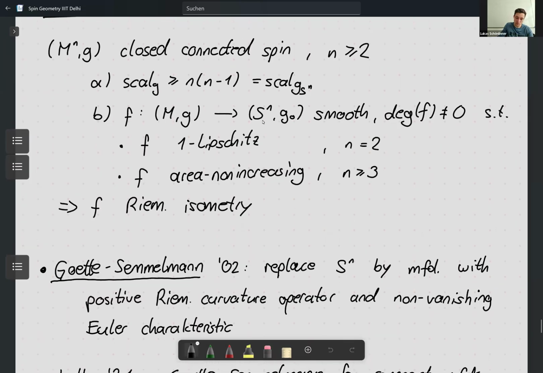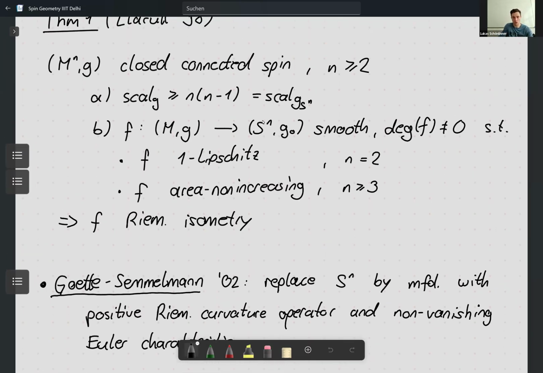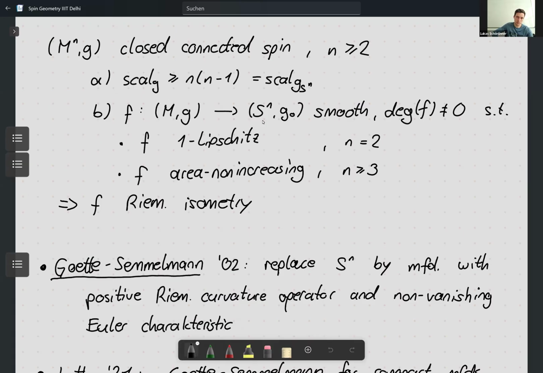And I wanted to give you a small overview of works that follow this, or directions in which people generalized this theorem. Probably the first were Goette and Semmelmann in 2002.